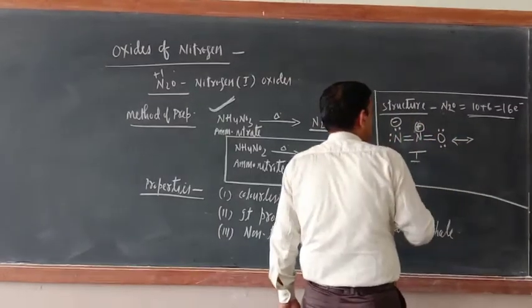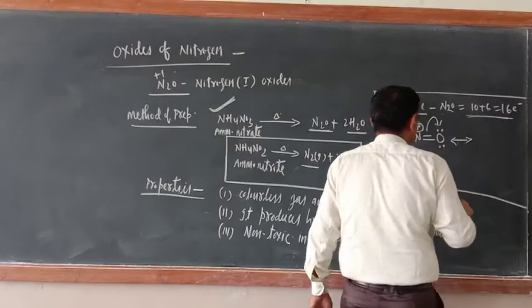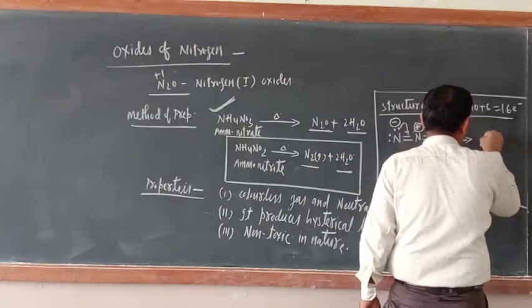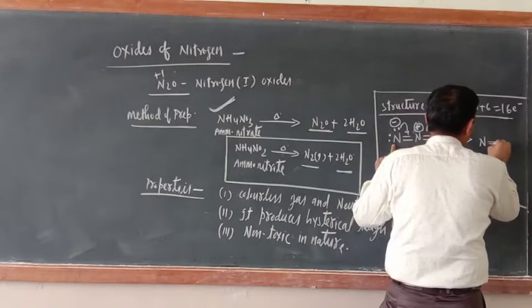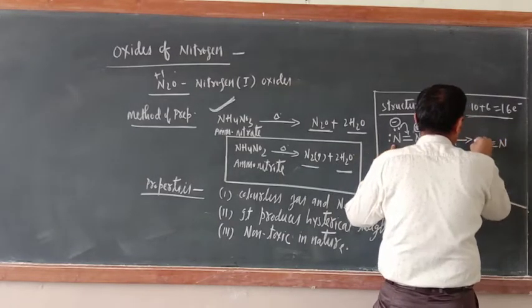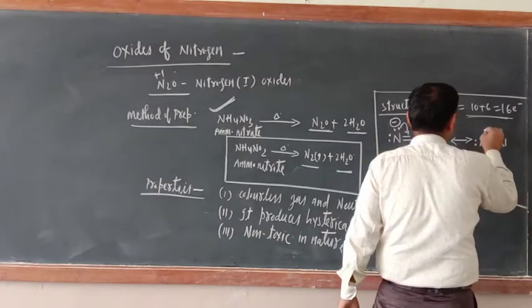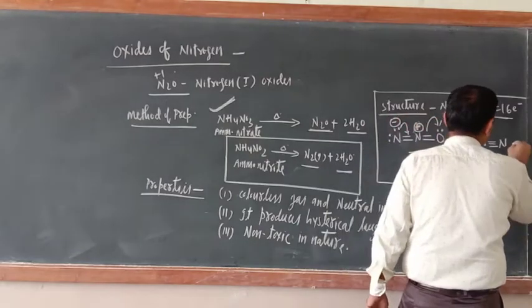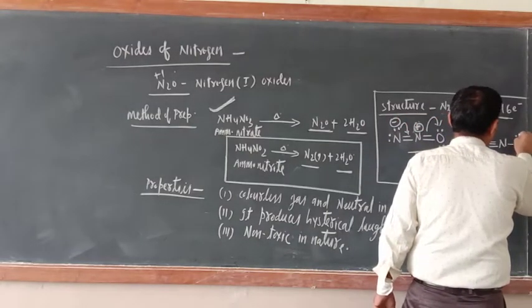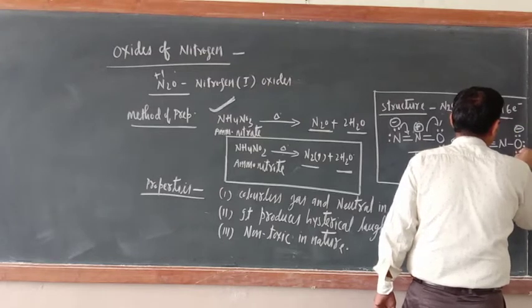Do one thing: shift these 2 electrons here and shift this electron here. So what is here now? This is the nitrogen. Now 2 electrons are shifted here, so here a triple bond. Okay, only 2 electrons will be left here. This time this nitrogen will receive the positive sign. Here there would be a single bond, and here 2, 4, 6 and a negative sign.